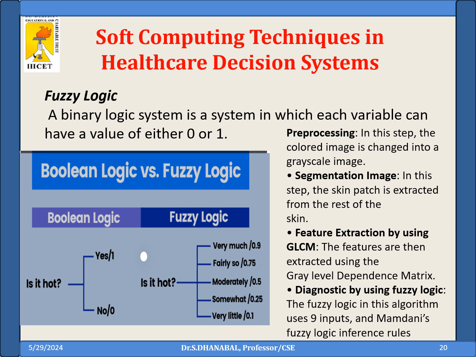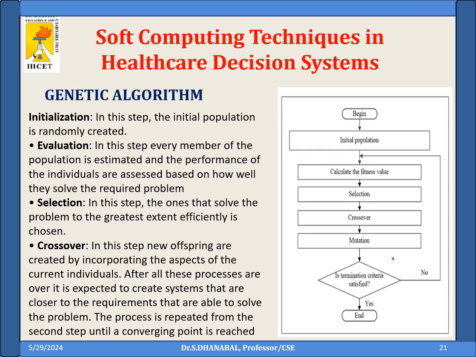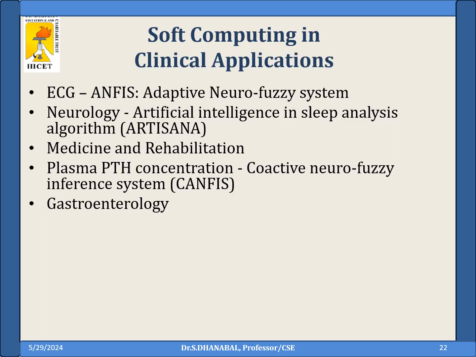So here we are using pre-processing, image segmentation, feature extraction, and diagnosis using fuzzy logic. When we are talking about a genetic algorithm, here we have steps like initialization, evaluation, selection, and crossover. We also have mutation, which is also possible.